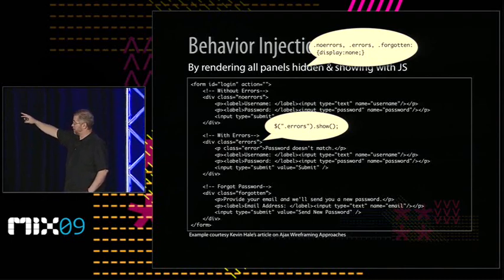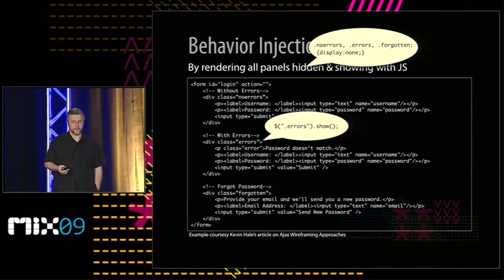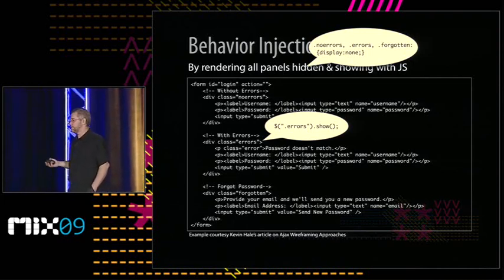But in my jQuery, and this is an example of jQuery code injecting some behavior, I'm saying find any class with errors, you see the one I'm pointing to is that one, and do a .show. .show is going to set the display to block and do the right thing under the covers, or if it needs to set the visibility, it'll do that too.